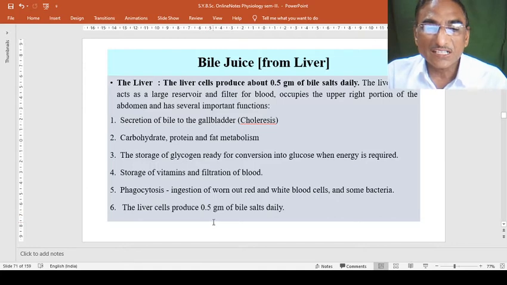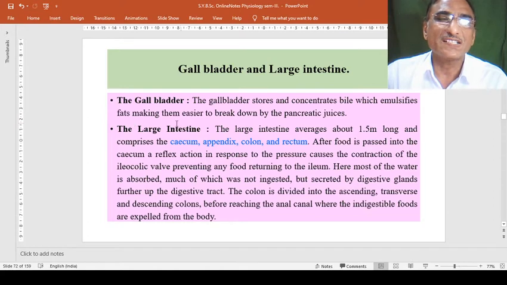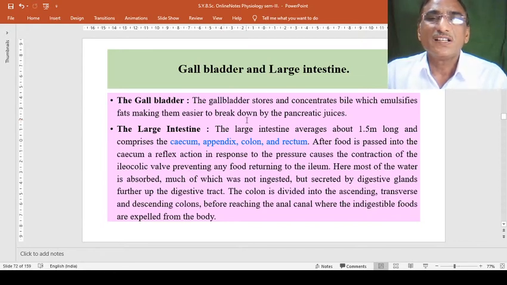The liver cells also produce 0.5 gram of bile salts daily. This is the amount secreted by the liver cells. The gallbladder is the organ where the bile juice is stored temporarily and then secreted into the duodenum, and it concentrates the bile salts responsible for the emulsification of fat materials, and it makes it easy for the pancreatic juices to break down the food material.